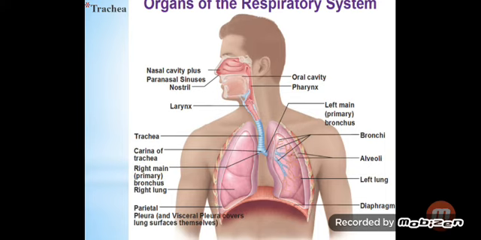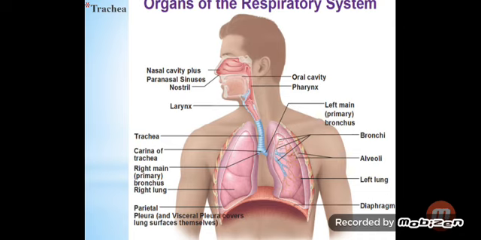The second structure is the trachea. If you look at this slide, the trachea is a mobile tube located in the midline. It consists of a cartilaginous part and a membranous part.